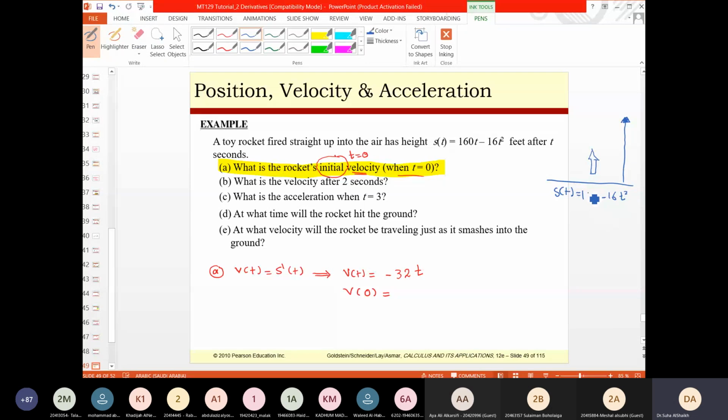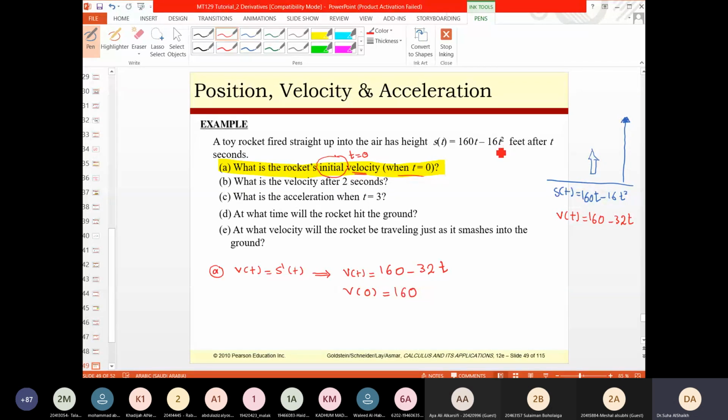This is 160 t. So the derivative is 160 minus 32t. That's right. My velocity is the derivative of this, which is 160 minus 32t. At 0, meaning I replace t with 0, it's equal to exactly 160.